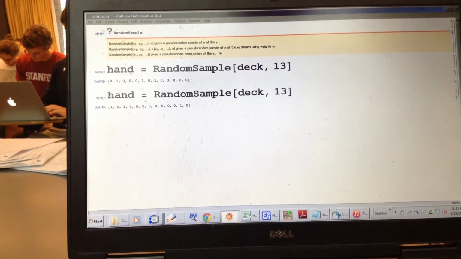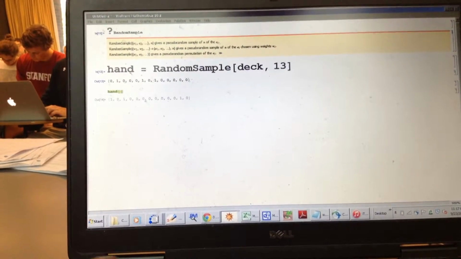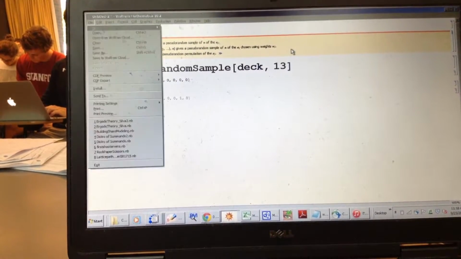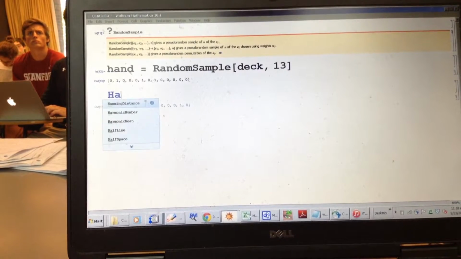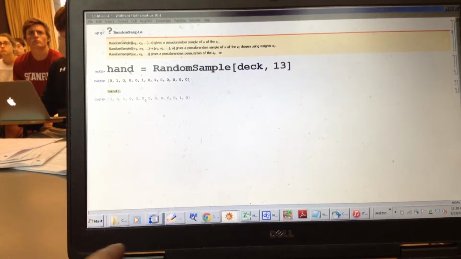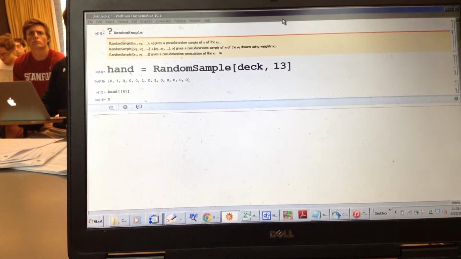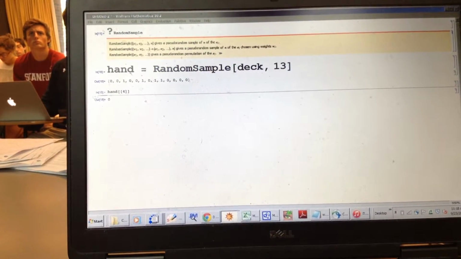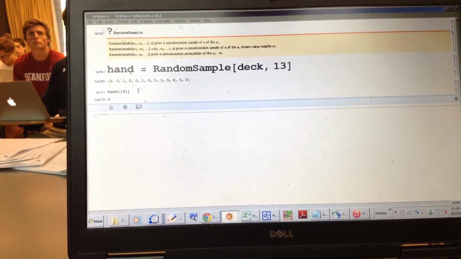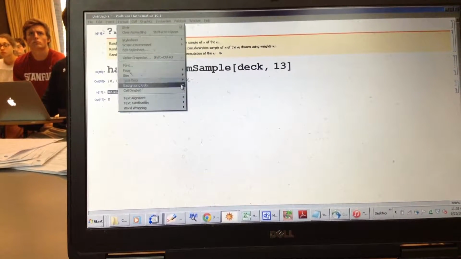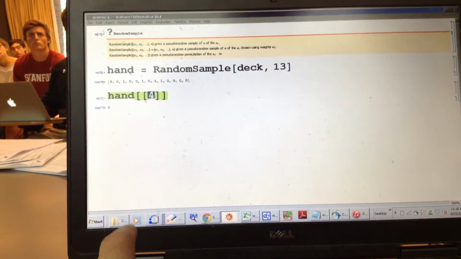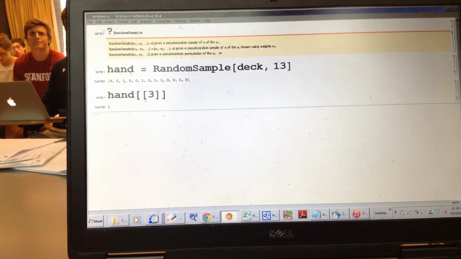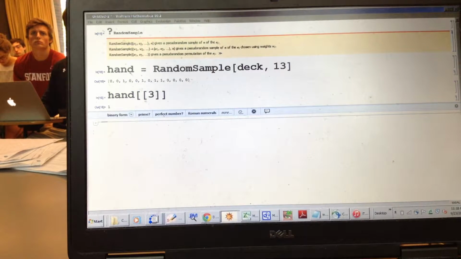So if I do hand[[4]], this gives me the 4th element of hand. If I do hand[[3]], what should I get? What should be the 3rd element? 1. And so this is just a quick test to make sure I know how to access the entries.